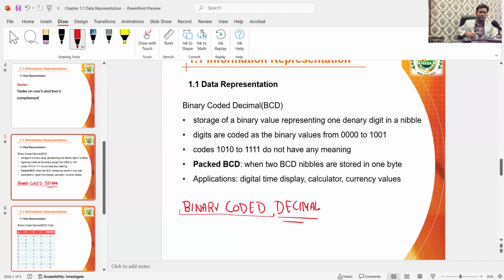For example, if I have a number such as 88, what is going to be the binary coded decimal? This number itself is a denary number, and this one is also denary. But what is going to be the binary code of that?